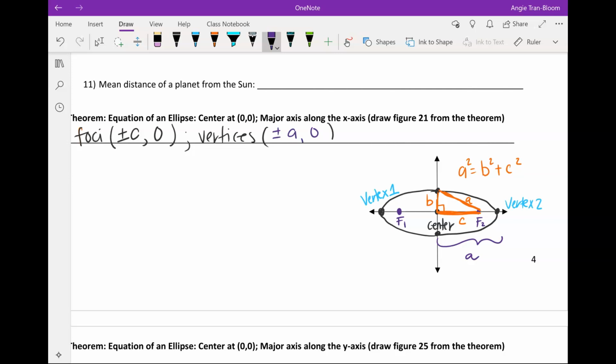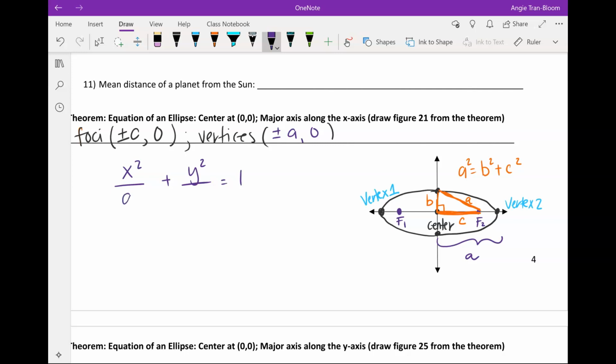So the formula goes x squared over something plus y squared over something equals to 1. It always equals to 1. Okay? Now because your major axis is along the x-axis or is horizontal, the x squared will get the longer length out of the a squared and the b squared.